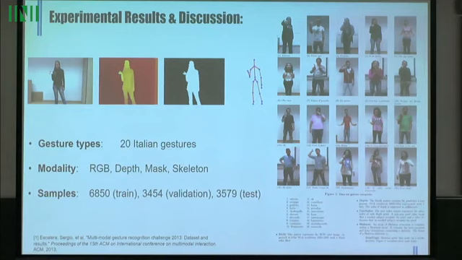It is interesting: this data set was collected by some Chinese researchers, and they did 20 Italian gestures which we don't understand, and some gestures are really challenging for us. They provide RGB, depth, mask, and skeleton, with 1,000 training, 1,000 validation, and 1,000 testing. So we mainly based our work on this data set.